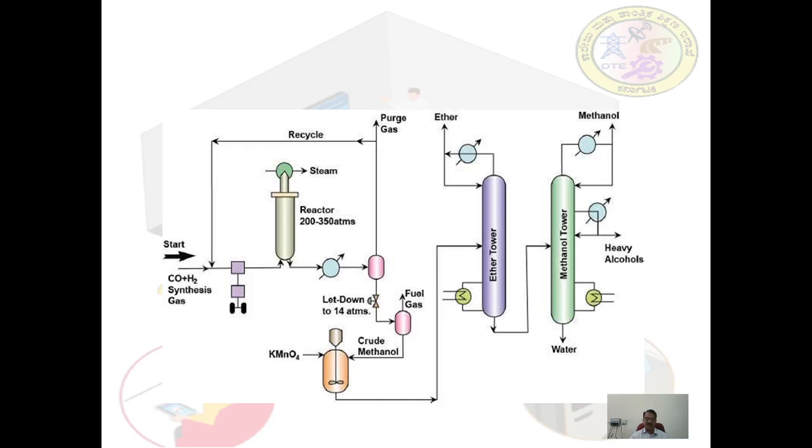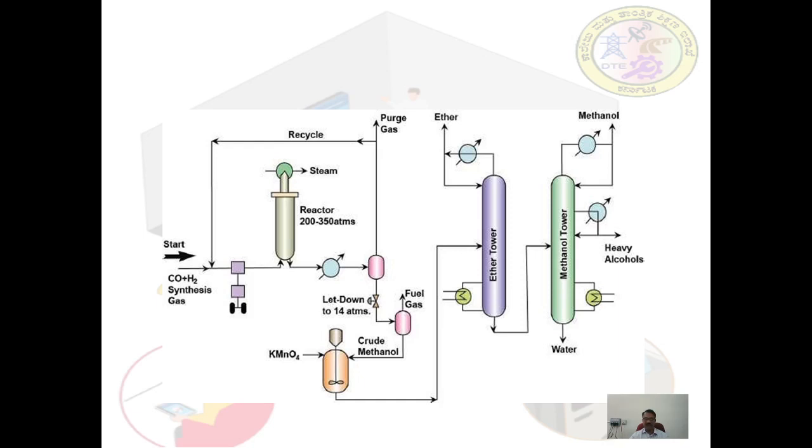After the reaction, the exit gases are cooled in a cooler and then separated in a separator, that is, liquid and gases are separated here. The gas stream is taken out and purged and partly recycled back.